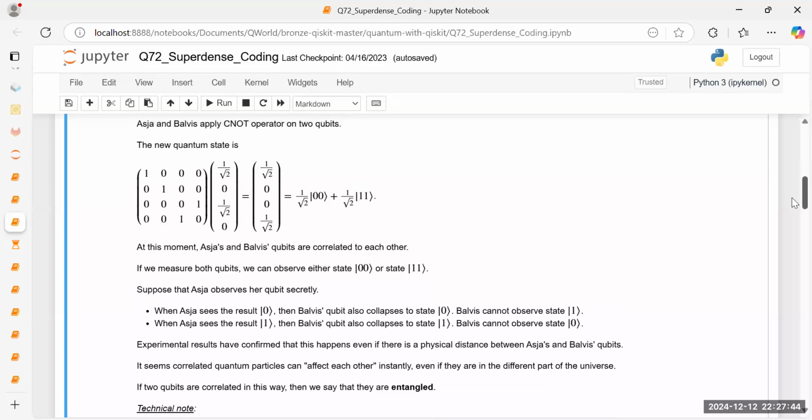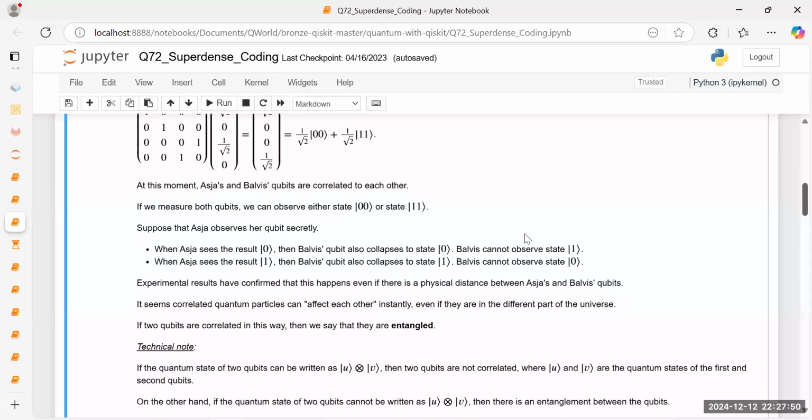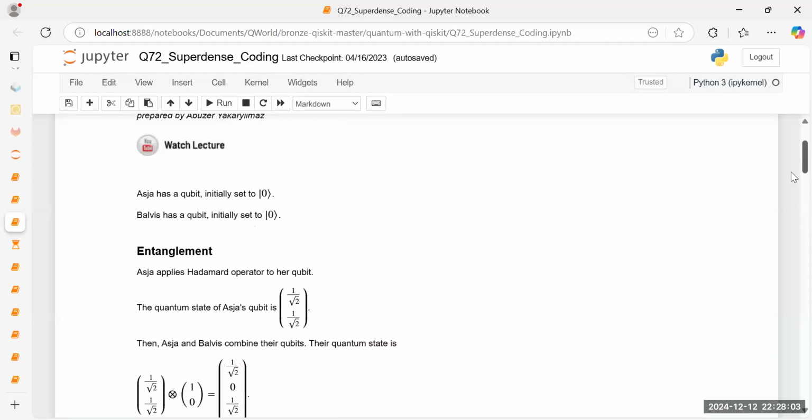One thing you might say is that, before we knew that they affected each other instantly, we would have said we have our two quantum particles, or our two quantum coins.